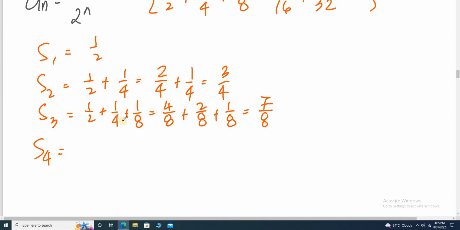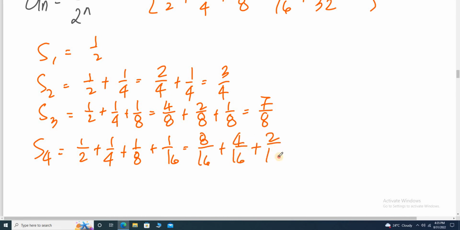S4, the sum of the first 4 terms, I have 1/2 plus 1/4 plus 1/8 plus 1/16. And by common denominator, I have 8/16, that's 1/2. 4/16, that's 1/4. 2/16, that's 1/8. And 1/16. The sum now is 15/16.